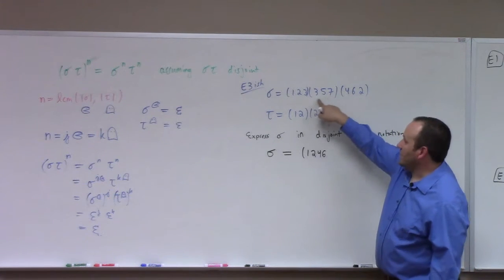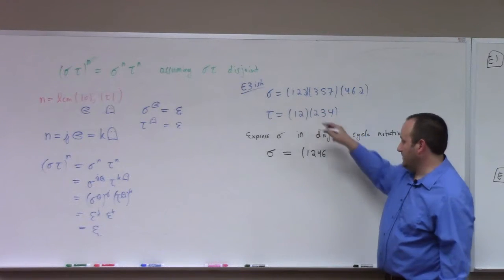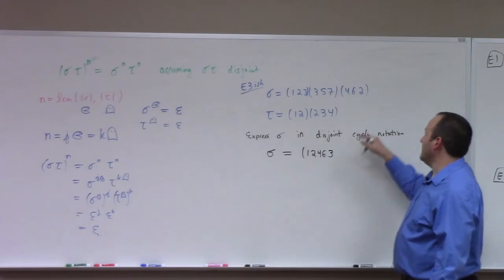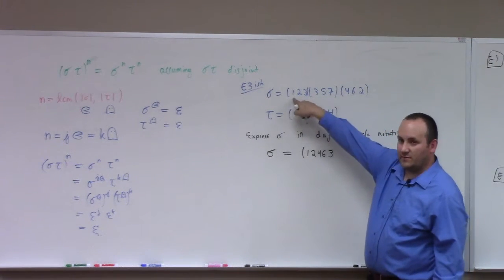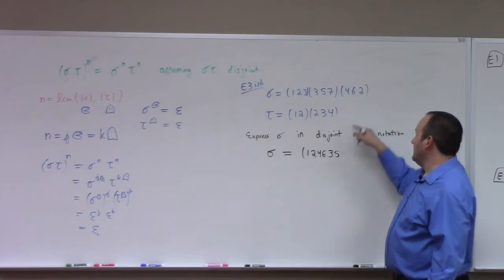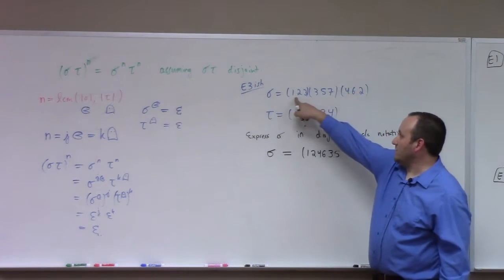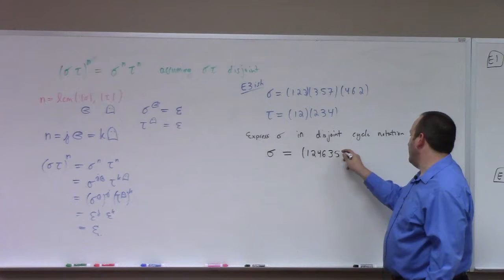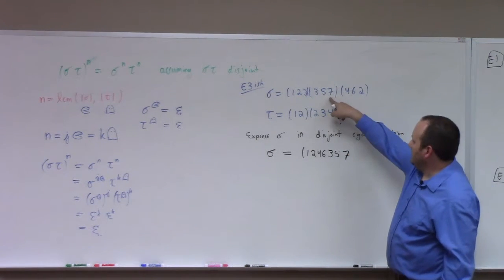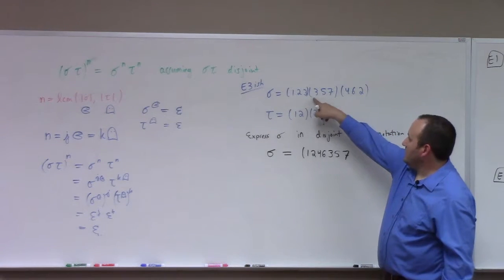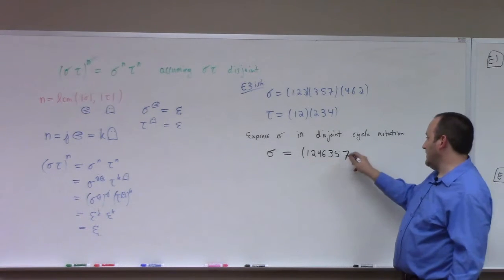And then 2 goes to 3. 3 goes to 5. 5 goes to 7. 7 went to 3. 3 went to 1. Back where we started. Game over.